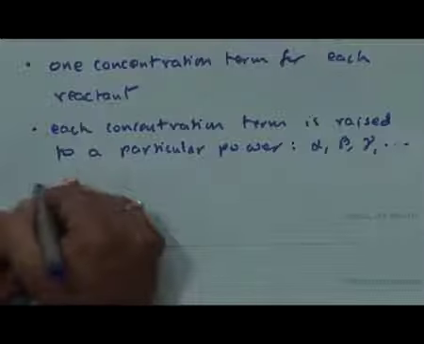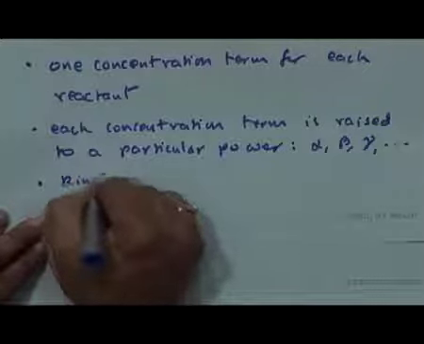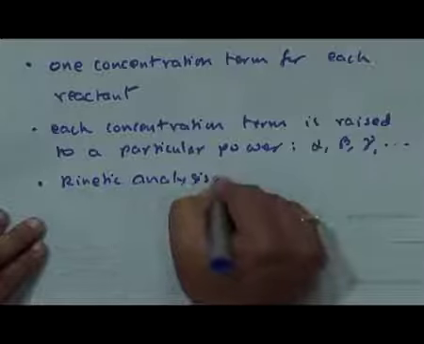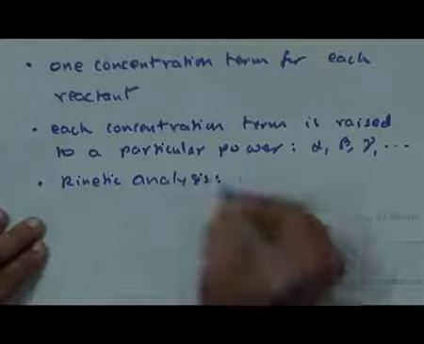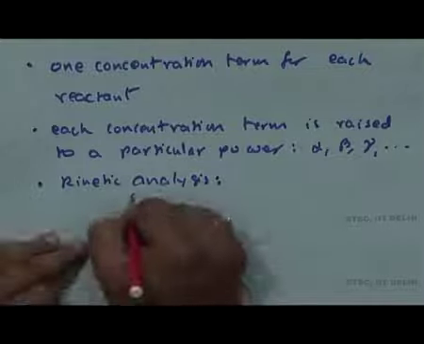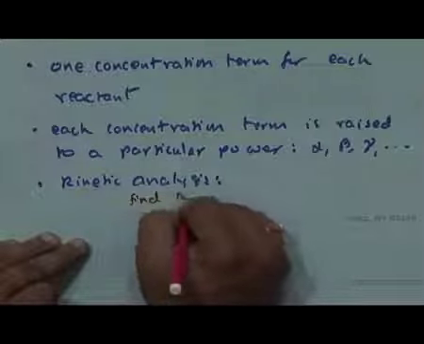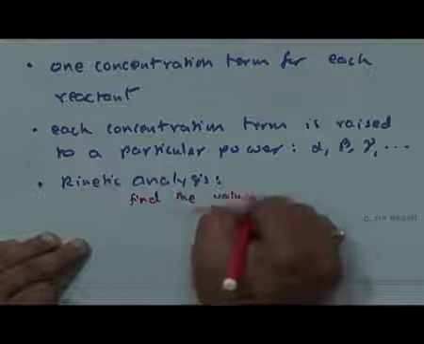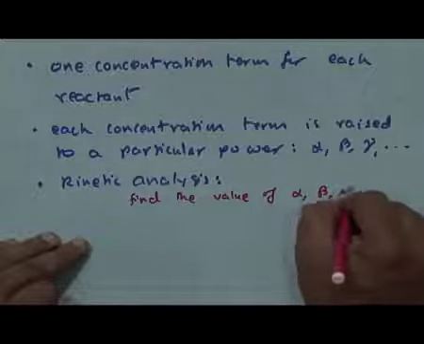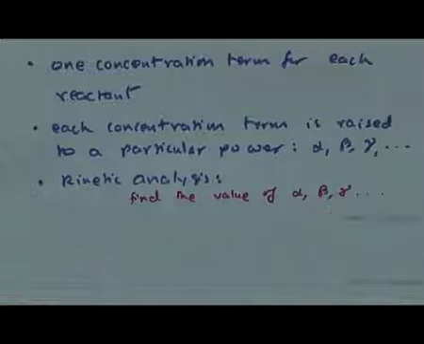If I do a kinetic analysis, what would I aim to do here? Again, I am doing a kinetic analysis. What do I mean by that? If I am doing this analysis, what I am trying to find is the value of alpha, beta, gamma, and so on.